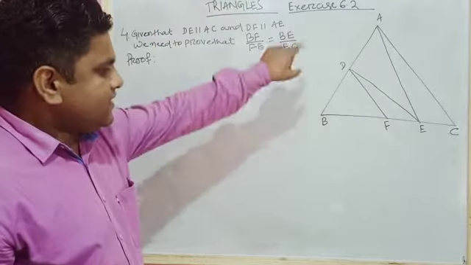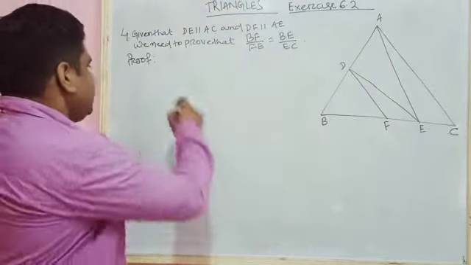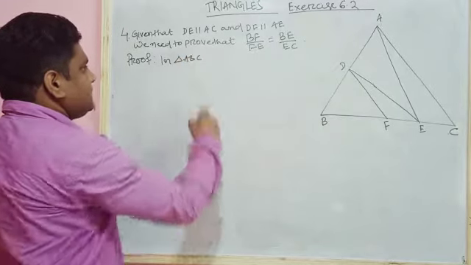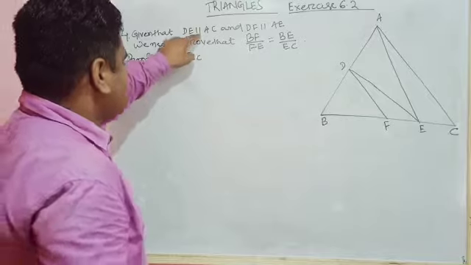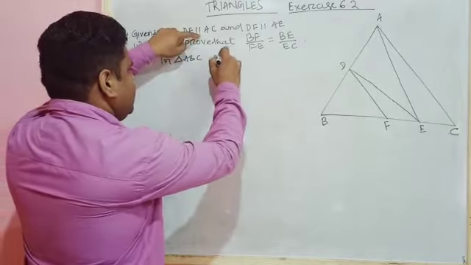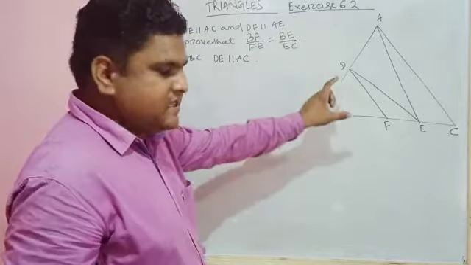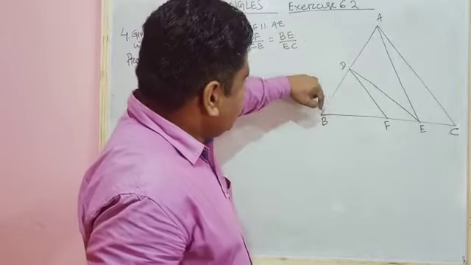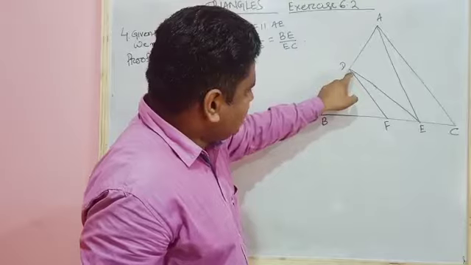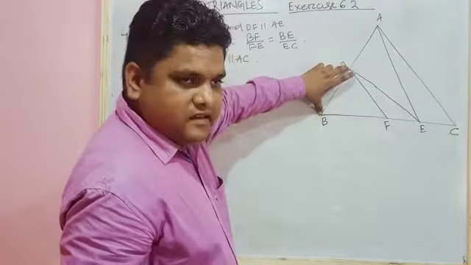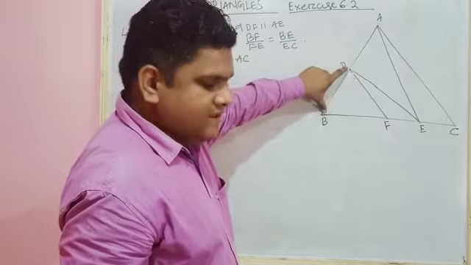So let's take triangle ABC. In triangle ABC, DE is parallel to AC. So applying the basic proportionality theorem, in triangle ABC, DE and AC are parallel, so it will be divided in equal ratio.